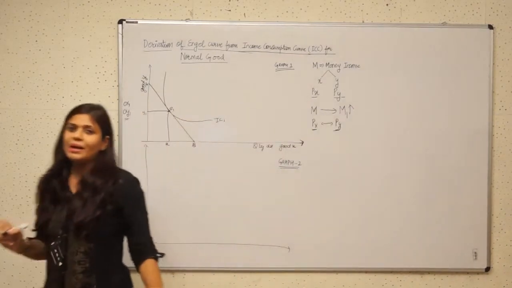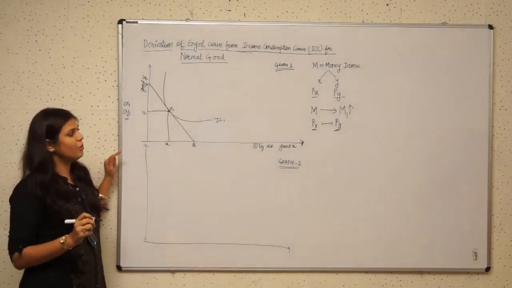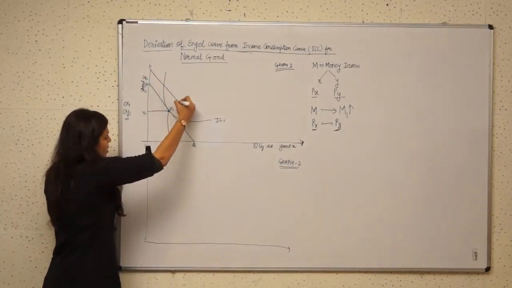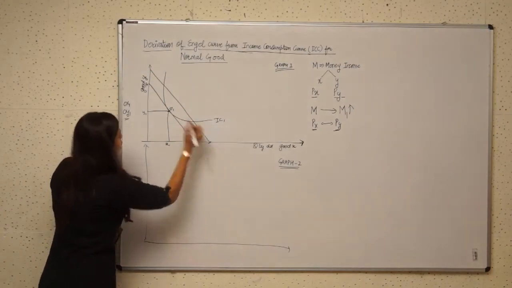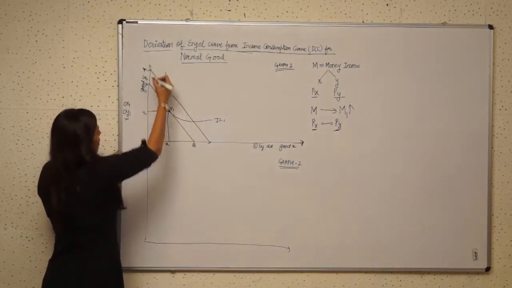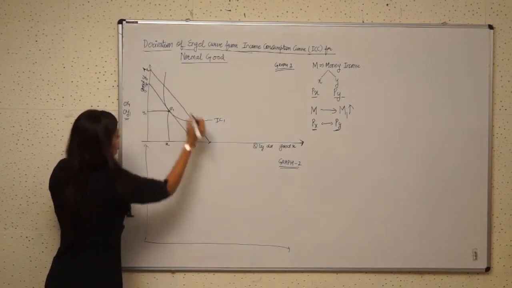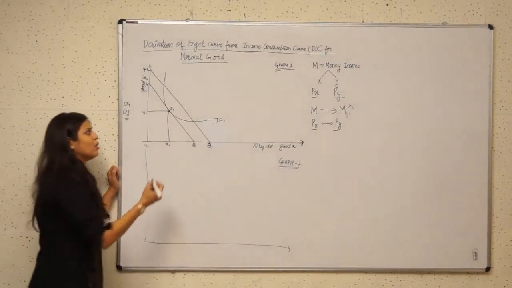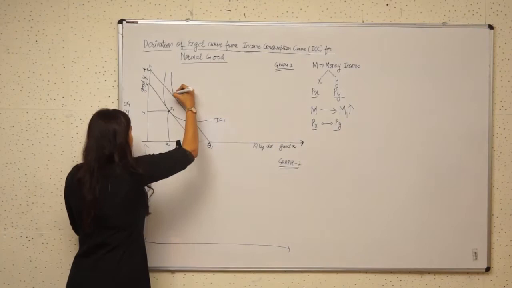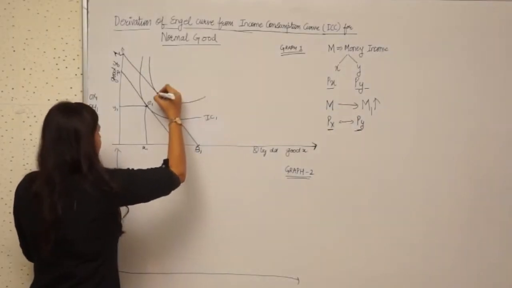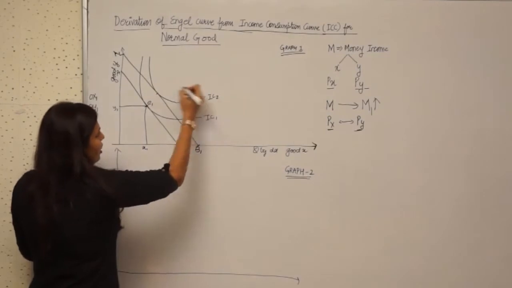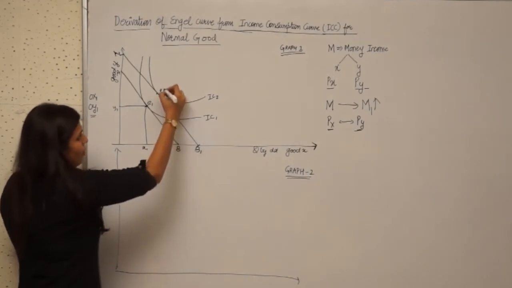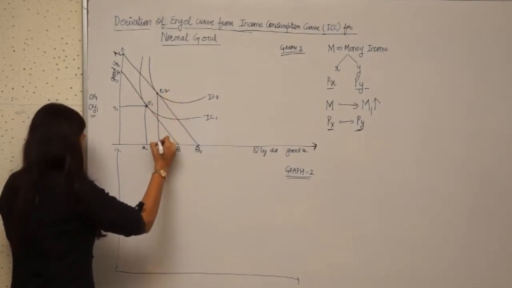Since the money income has increased while the prices have remained unchanged, the budget line will have a parallel shift upward from AB to a new budget line A1B1. Now the consumer will be in equilibrium at a new point where IC2 is tangential to the new budget line A1B1 at point E2.